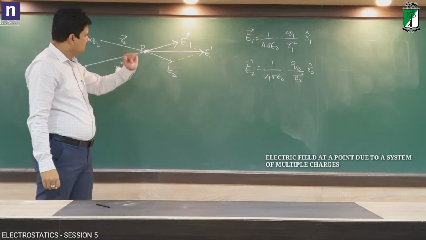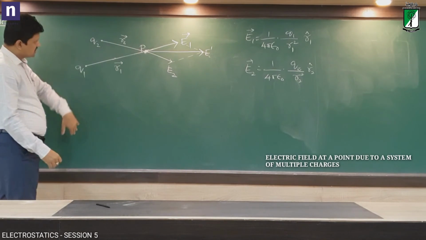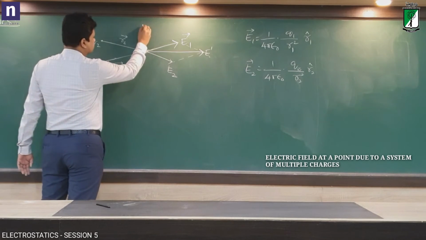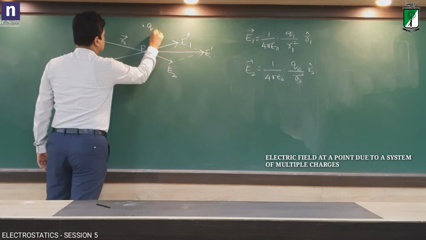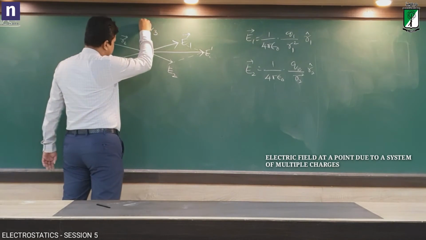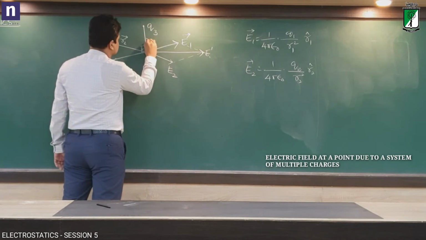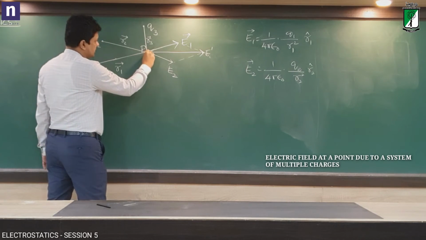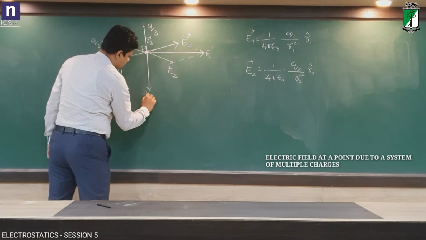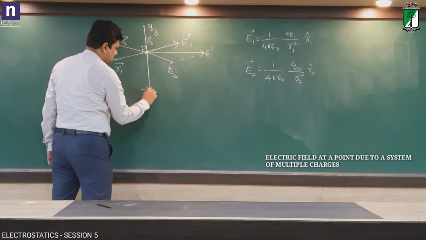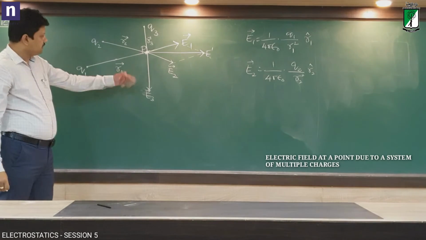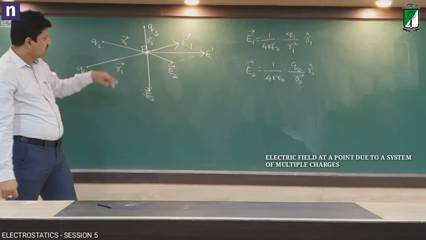Then if I take one more charge, say there is another charge Q3 somewhere here, that charge also causes a field. Say the direction vector is R3 and the field is in this direction, E3. E is a vector of course. Then what will be the net field at P now?